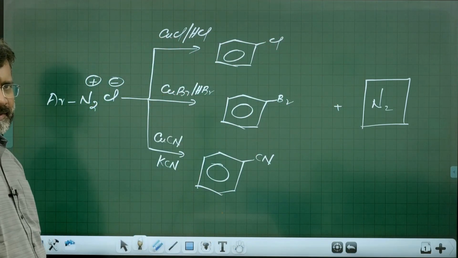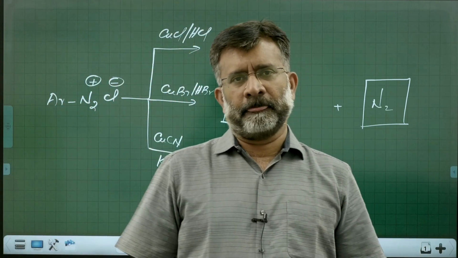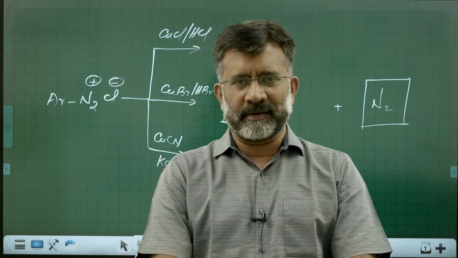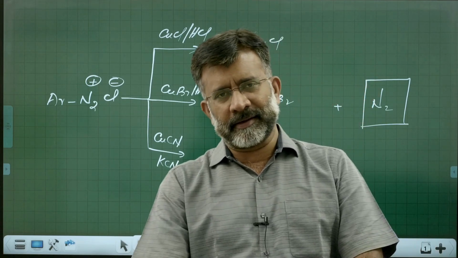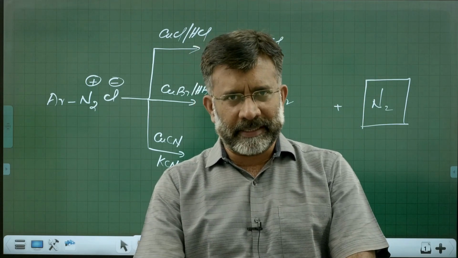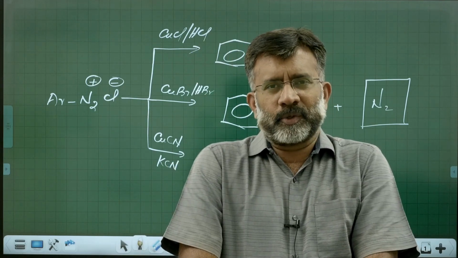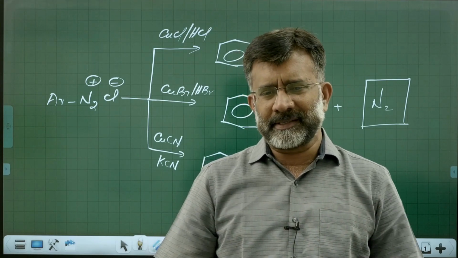So, Sandmeyer's reaction: first we take aniline, treat it with sodium nitrite and HCl, and we get the diazonium salt. The process is called diazotization, conducted at a very low temperature in order to keep the diazonium salt available. We don't prepare the diazonium salt and store it; we prepare it only during the reaction because it is not so stable.